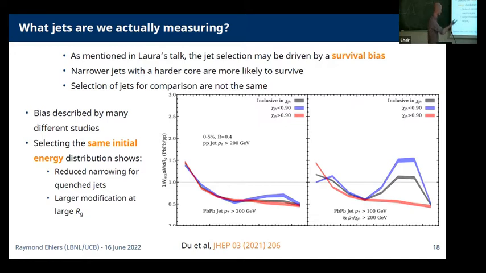We of course can select and get at the initial energy in the same way, perhaps with this deep learning approach, but we are losing some of our phase space if we're only looking at these narrow jets, and seeing somewhat less of our modification.